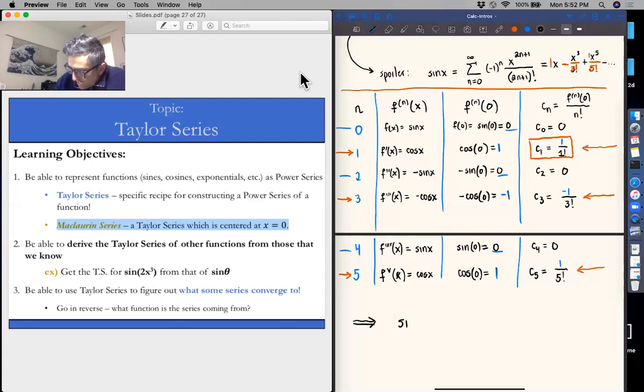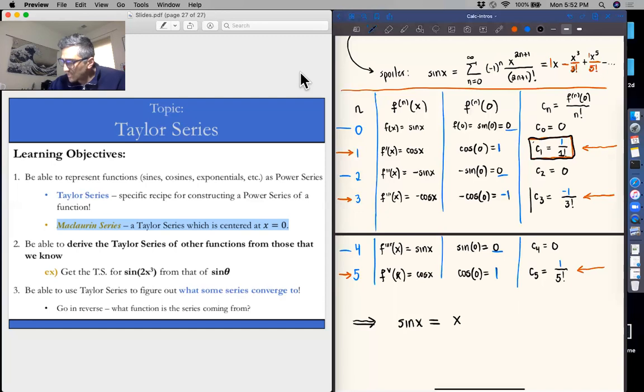And in this case, what we found so far is the first 3 non-zero terms of sine. If we take that C1 term, that's just 1 over 1 factorial, which is 1, and we multiply it by x to the first, because it's the n equals 1 case, that's just an x.